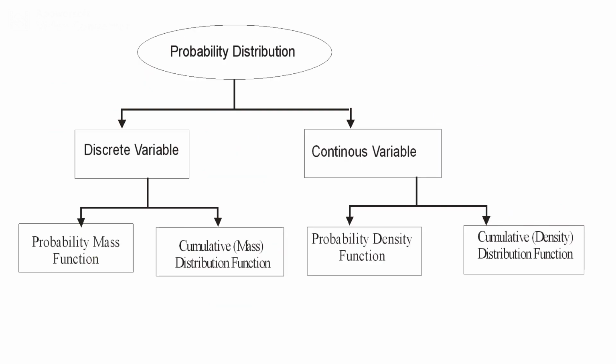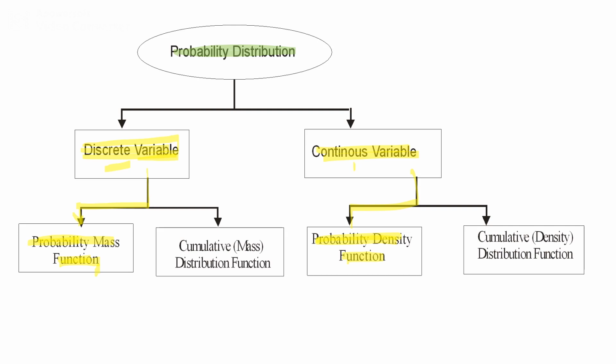Now the probability distribution is categorized based on whether the variable is discrete or continuous. So we can say the probability distribution has two parts, defined for the discrete variable and the continuous variable. If we have a discrete variable, we have two functions. The probability function, which in the discrete case we call the probability mass function, and the similar function if the variable is continuous is the probability density function.